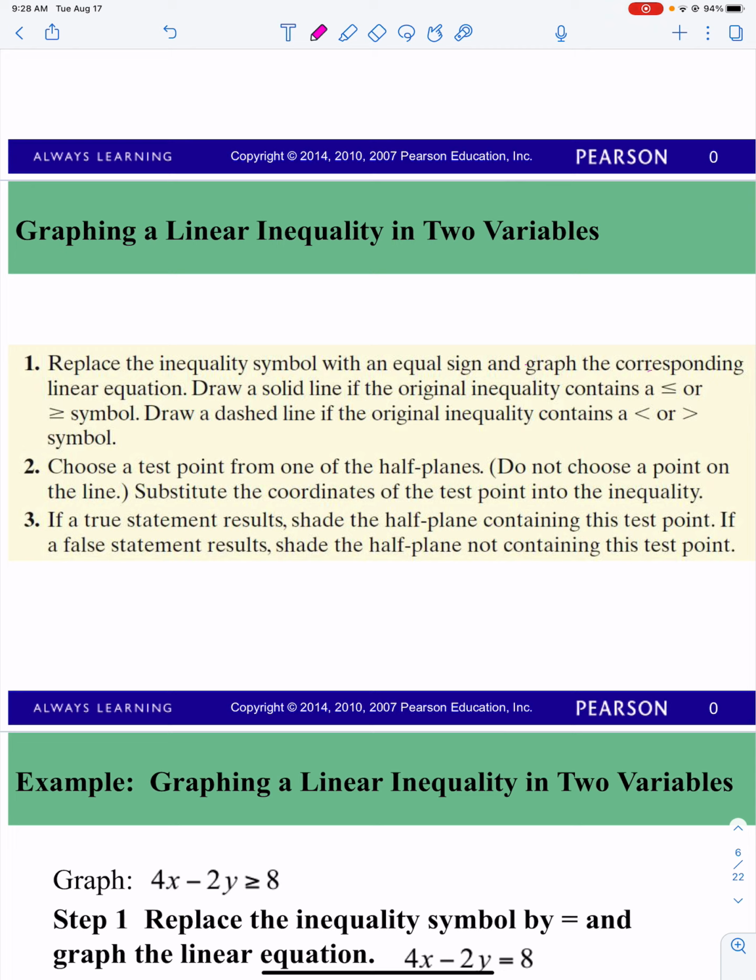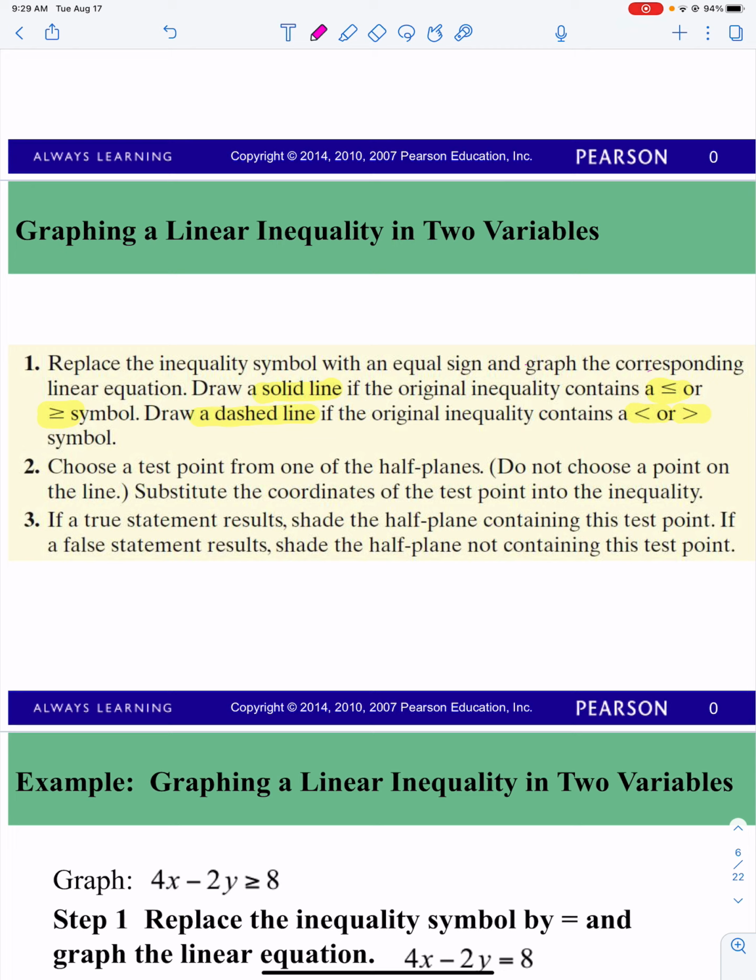If the original inequality contains less than or equal to or bigger than or equal to, you draw a solid line. It's a dashed line for less than or bigger than. A solid line means include the line, and a dashed line means does not include the line.